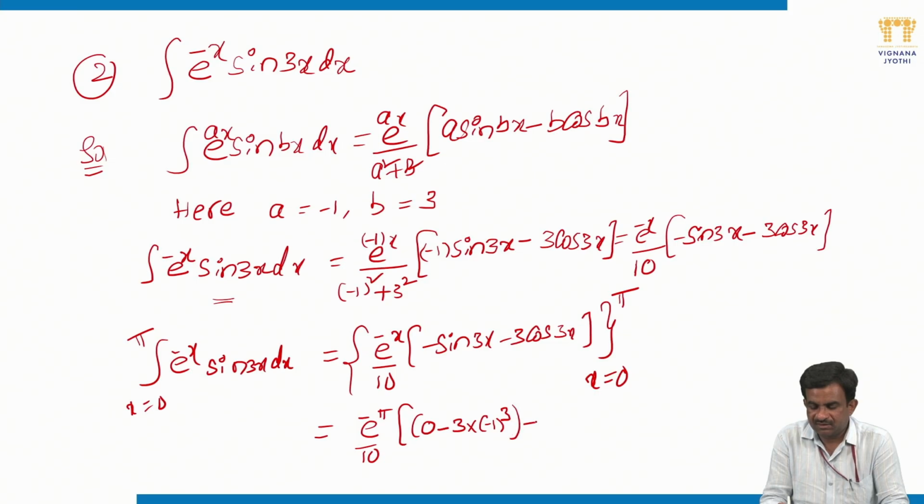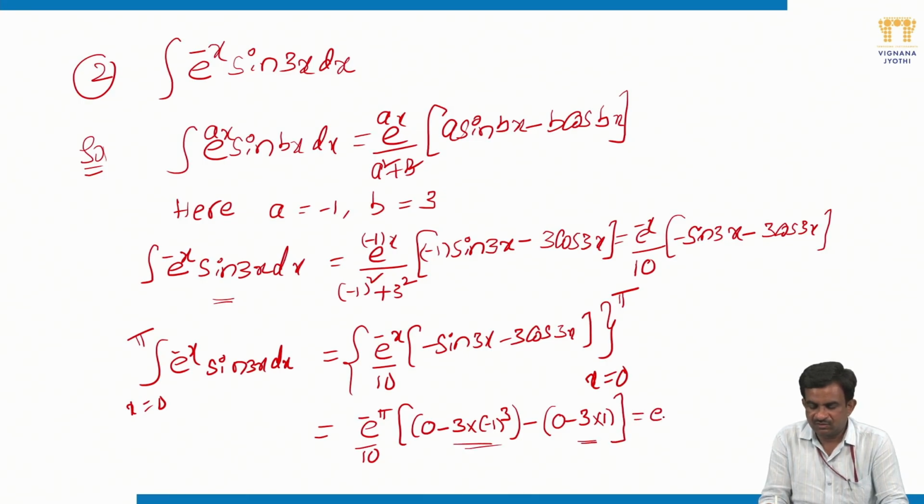This is at the upper limit. Minus of the lower limit: sin 0 is 0, sin 3 into 0 is 0, minus 3 into cos 0, and we know that cos 0 is 1. So upper limit minus lower limit, these two values we are getting.